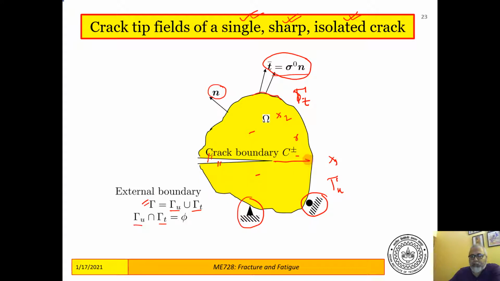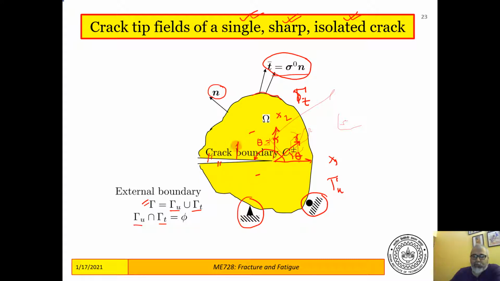So here are my axes, and this is r and this is theta. This is theta, and the crack is located at theta equal to pi.